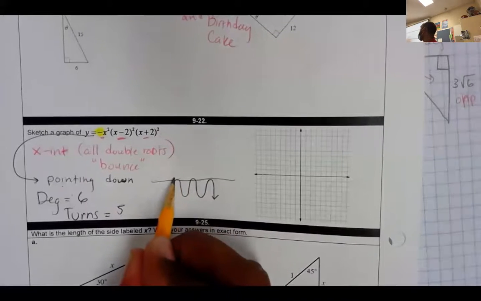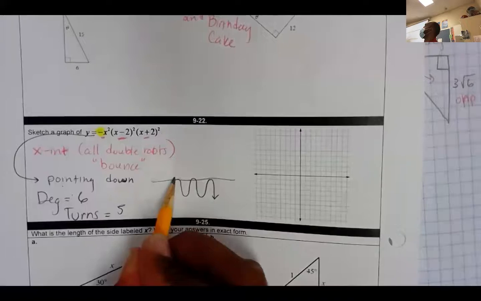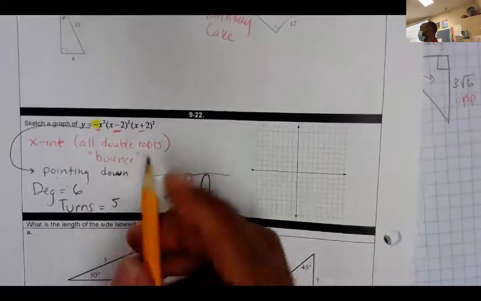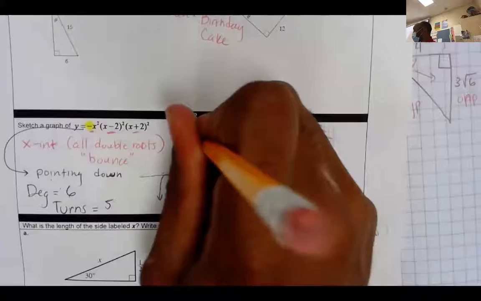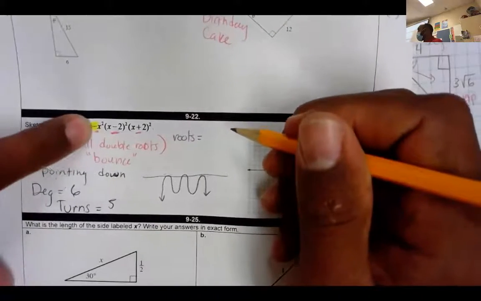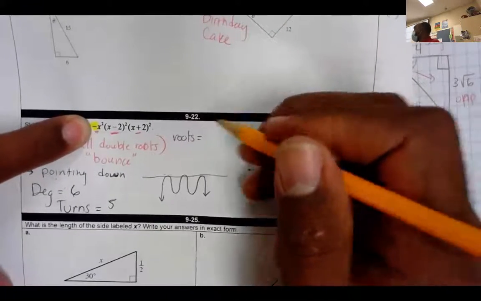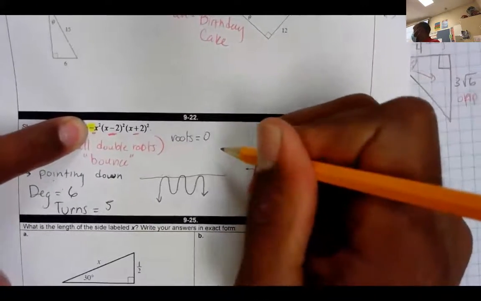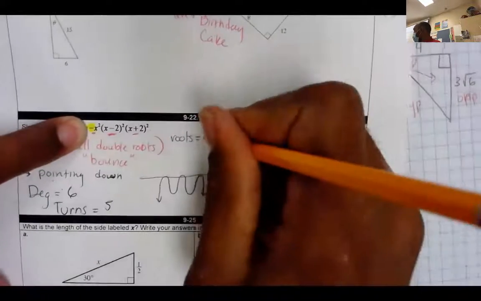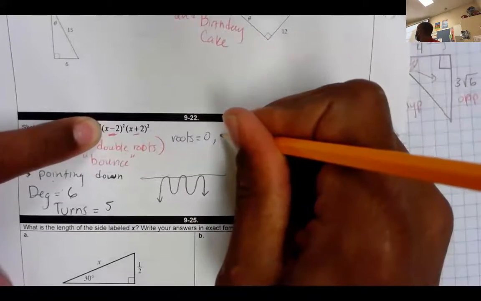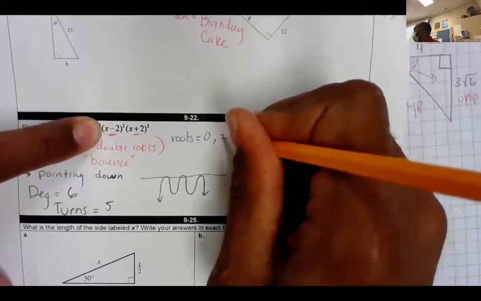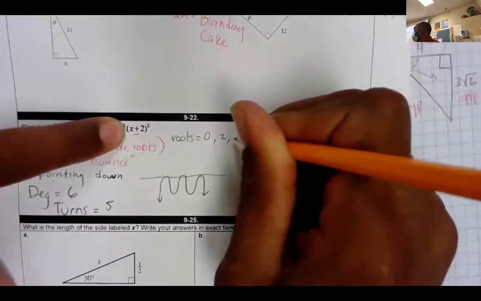What will this first one be? What number will that be at? Well, before you answer, let's figure out what the roots are. What's the first one that comes from the x squared? 0. It's just x, so it's 0. Then if it's x minus 2? 2. And then x plus 2?